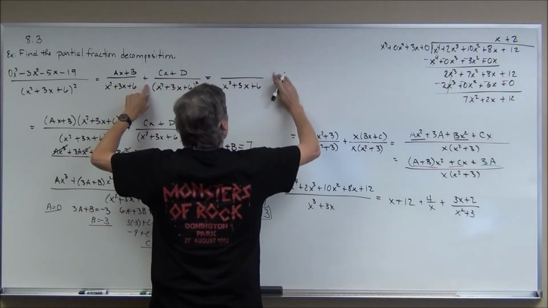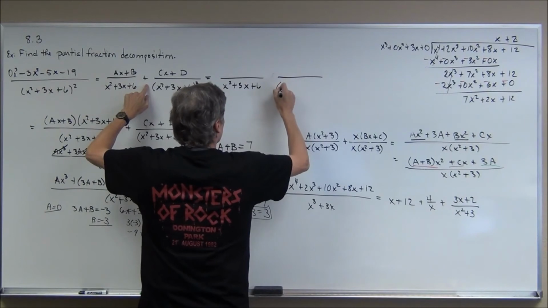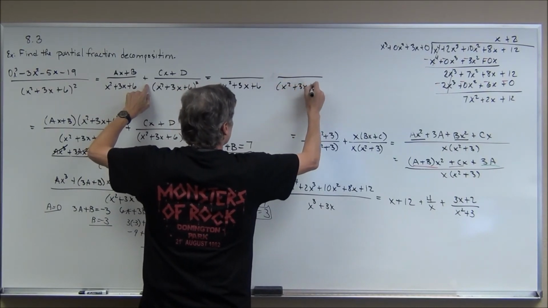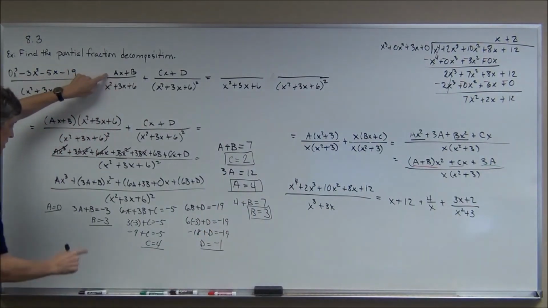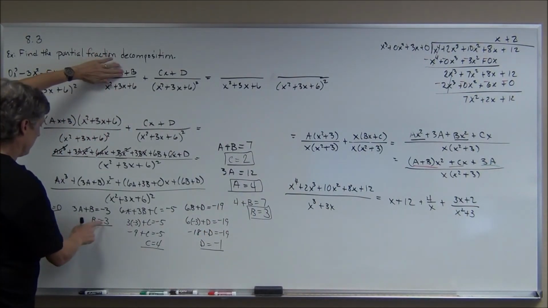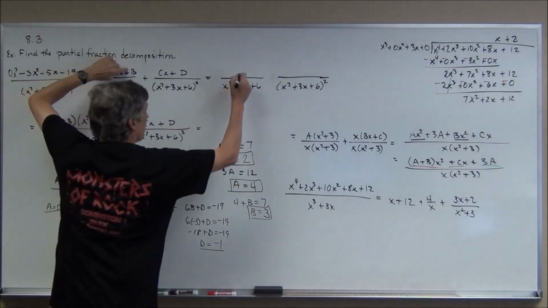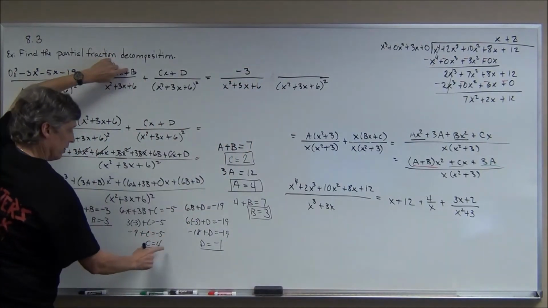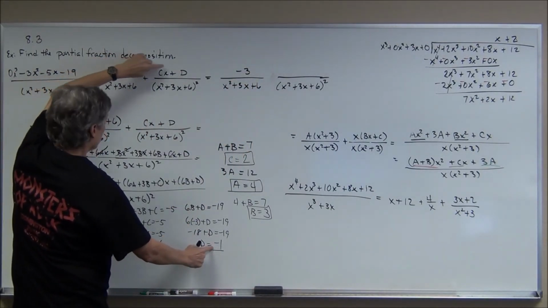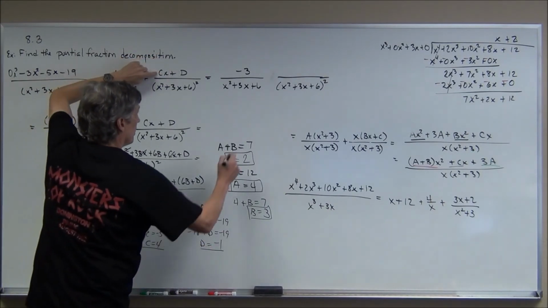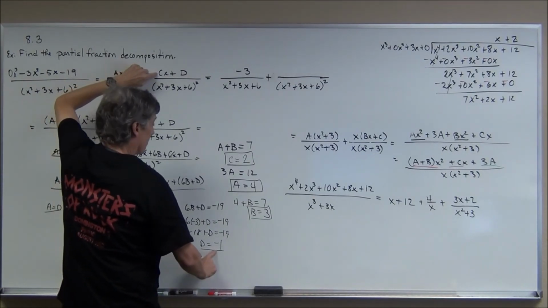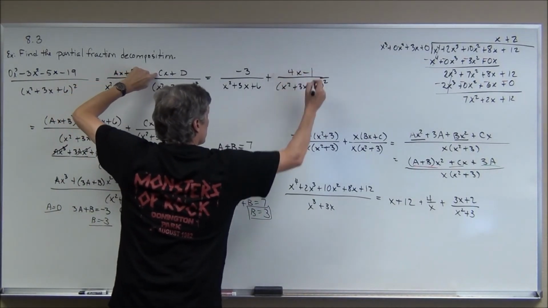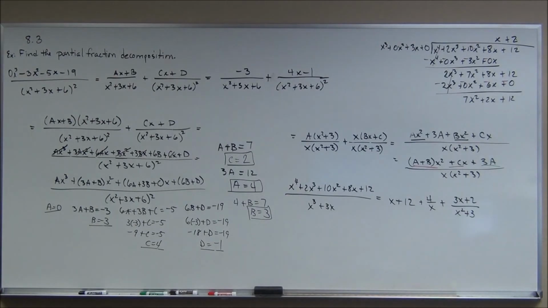Well, we don't know about that sign yet, so let me put this down. So what will this equal? Well, a is 0, so that means this is gone. B is negative 3, so there's a negative 3 here. D is negative 1, and C is 4, so I'll leave the plus here, and I'll write 4x minus 1. And that's how it decomposes into that.